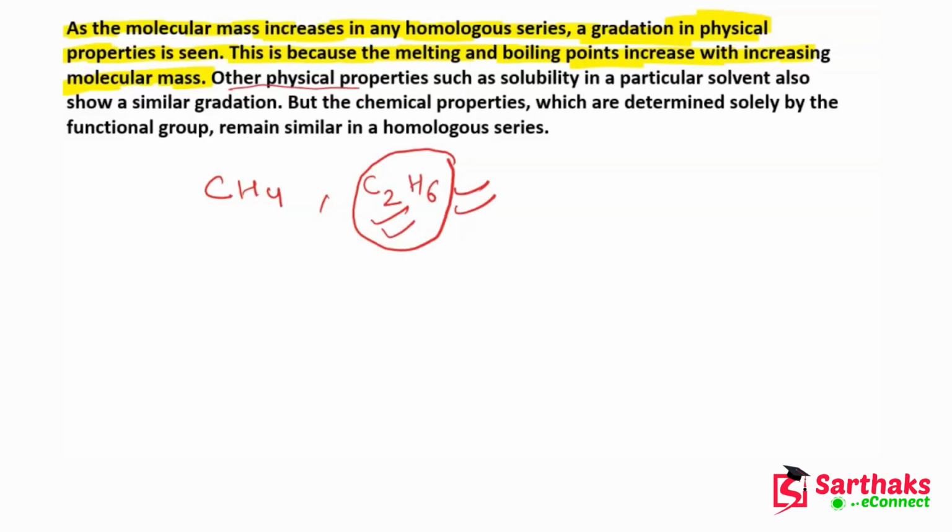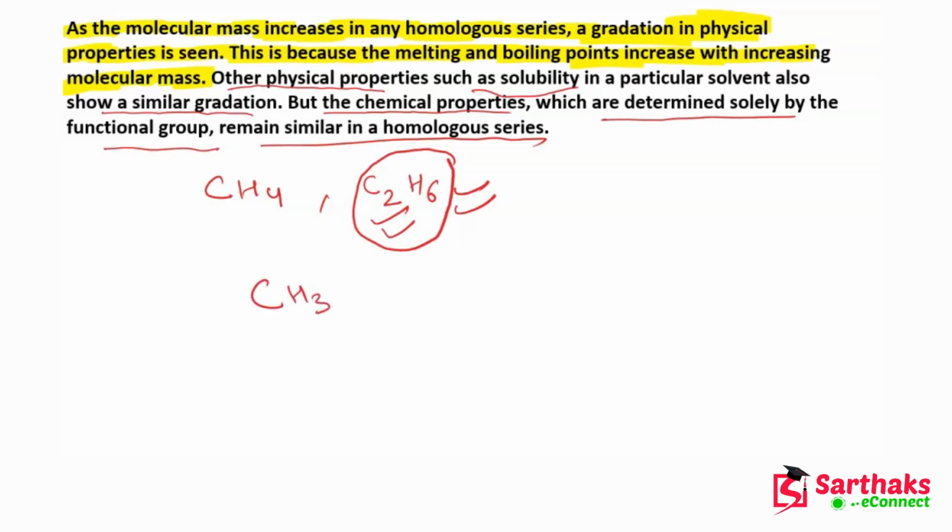Now, other physical properties such as solubility in a particular solvent also show a similar gradation. But the chemical properties which are determined by the functional group remain similar in homologous series. So what this line is trying to say, I had already told you that the chemical properties can be determined by the functional group.